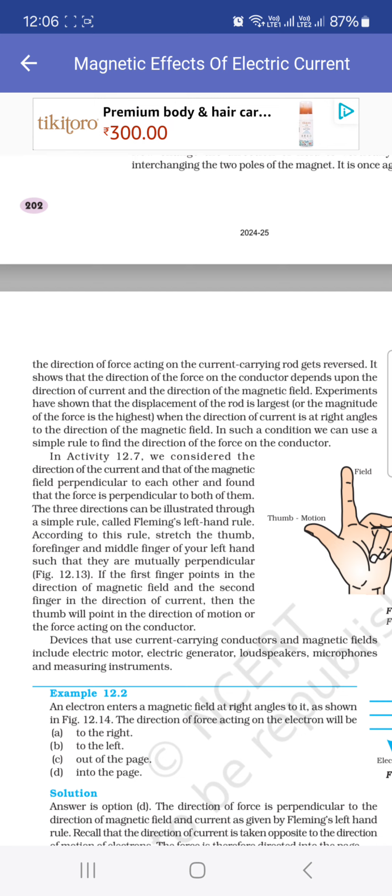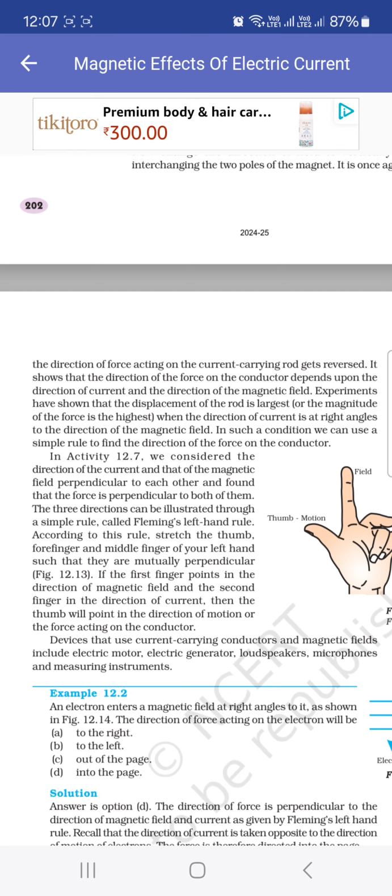Experiments have shown that the displacement of the rod is largest, or the magnitude of the force is the highest, when the direction of current is at right angles, meaning perpendicular, to the direction of magnetic field. In such a condition, we can use a simple rule to find the direction of force on a conductor.